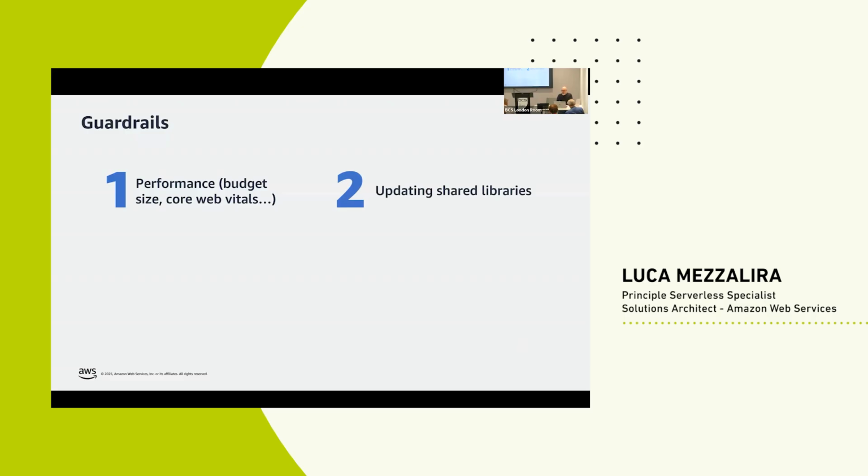Now, another one is updating shared libraries. Imagine that you have three shared libraries, but now you have tens of teams completely independent. You want to make their life easier. Perfect. I have a design system that has to be updated. I configure Dependabot, which is available in GitLab, GitHub, whatever you want. It's just a tool that scans through all the repositories and says, okay, in JavaScript, I need to check the package.json.